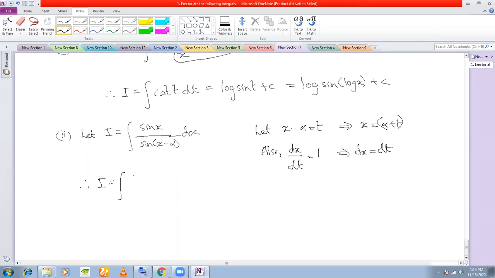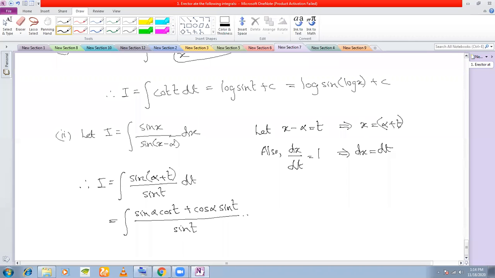So therefore I is equal to integral sin(alpha plus t) divided by sin t dt. Remember, alpha is a constant. Now use the compound angle formula: sin(alpha plus t) is sin alpha cos t plus cos alpha sin t, whole divided by sin t dt.